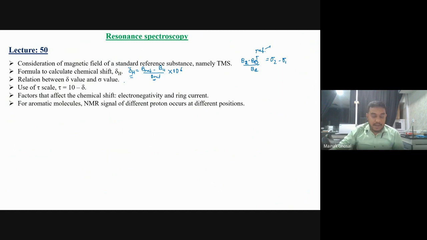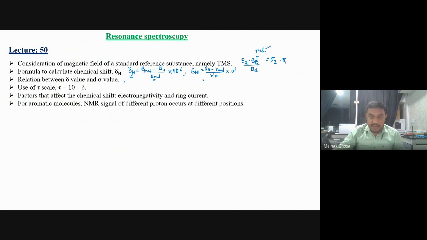This is also related to the case where, if you have a static magnetic field and have just changed the radiation, you can also get this relation. Sigma H will be replaced as nu of H minus nu of reference, divided by nu of H, times 10 to the power 6.